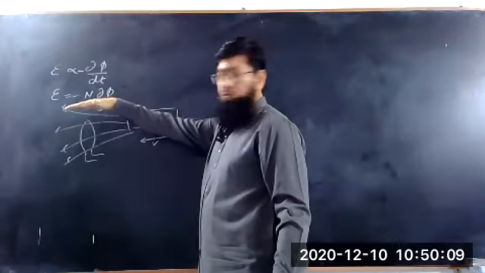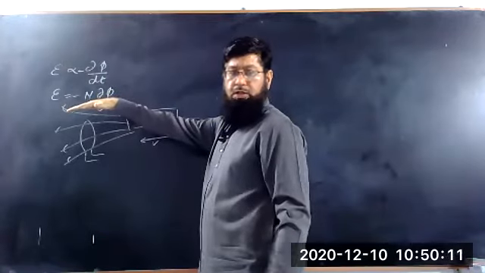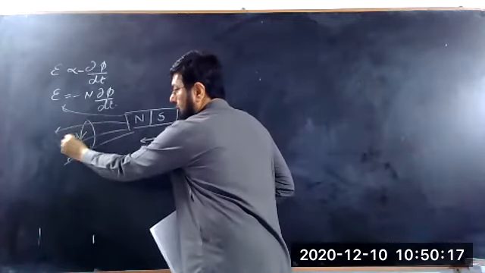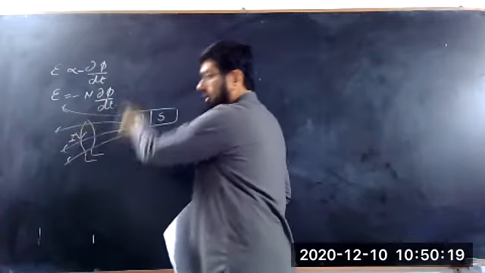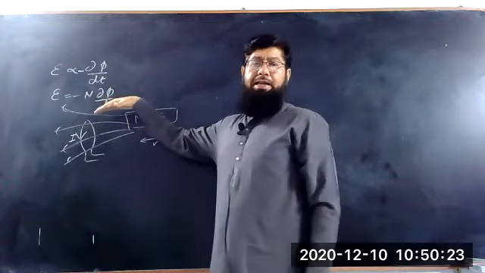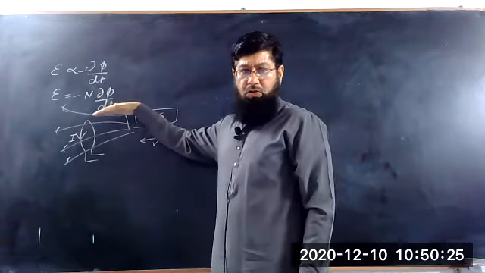This is showing the direction of the induced current. So the current is produced in this direction. This is the induced current, and in this case it is anti-clockwise or counterclockwise.